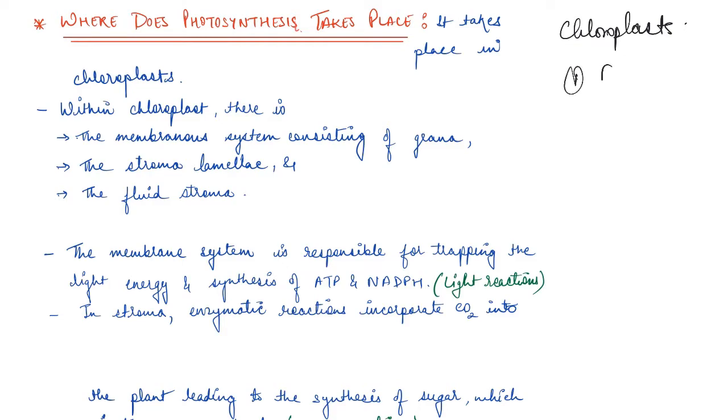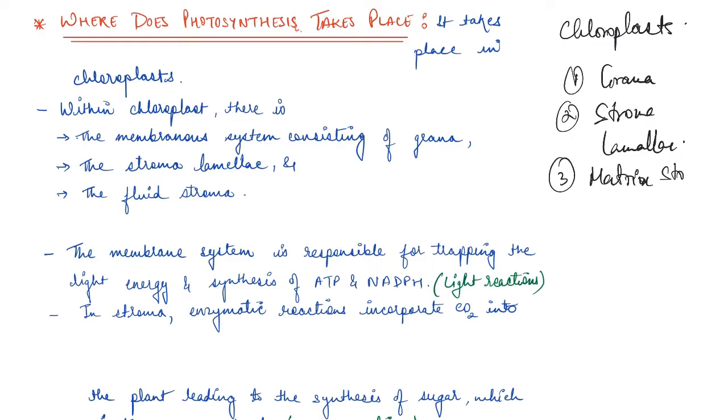So the first is grana, then we have stroma lamellae, and then we have the fluid or the matrix of stroma. Basically, there is a clear division of labor within the chloroplast. The membrane system is responsible for trapping the light energy.